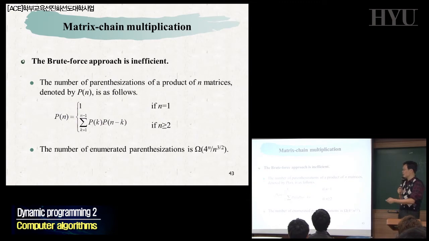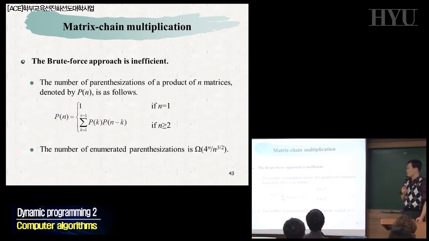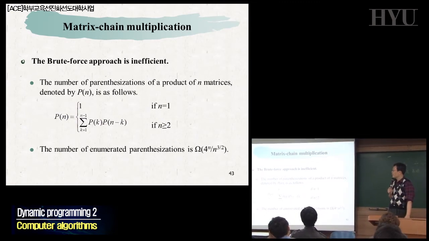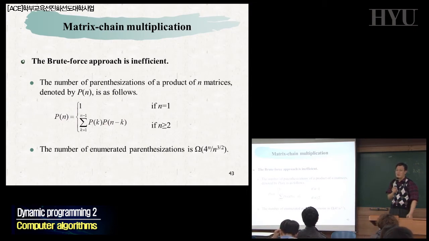And it's like this. This is the recurrence to find the number of parenthesizations. P of n denotes the number of parenthesizations when there are n matrices.